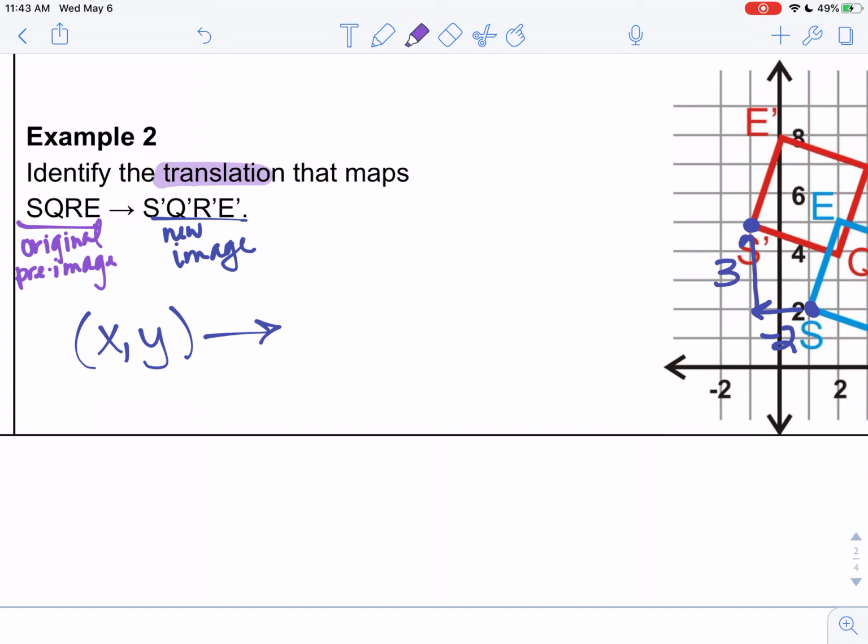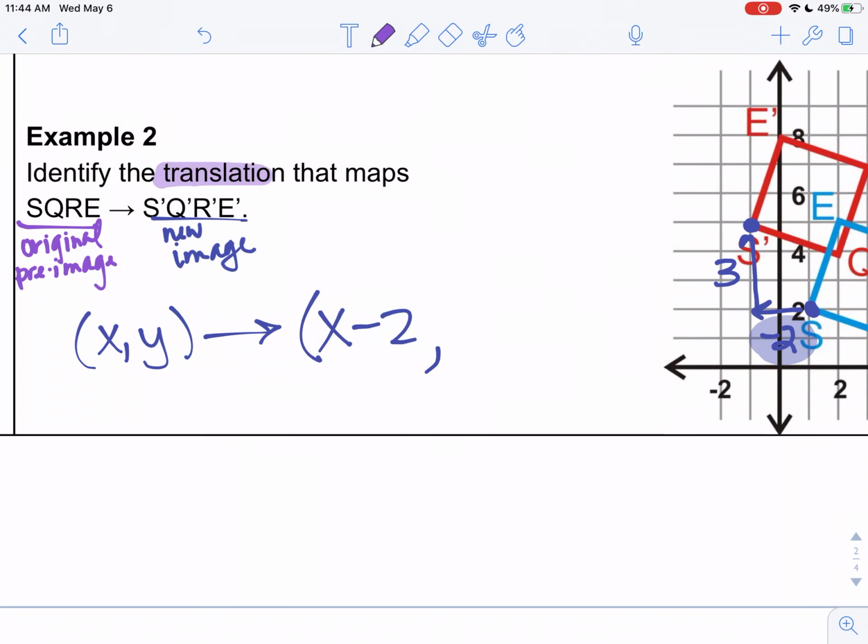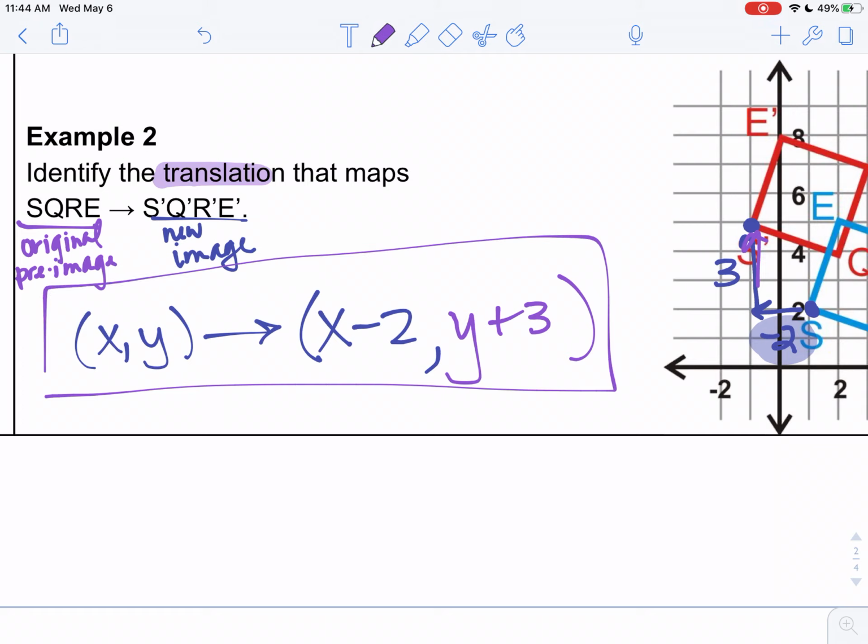So my horizontal movement, that's with the x, so x minus 2. And my vertical movement, I'm moving up 3 units, so that would be plus 3. So my rule for how to translate is (x, y) gets mapped to (x minus 2, y plus 3).